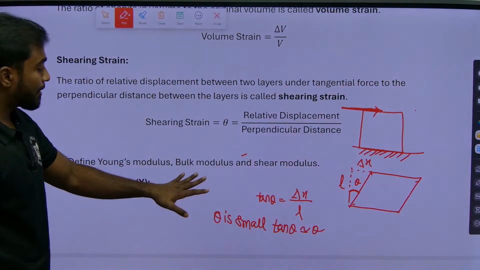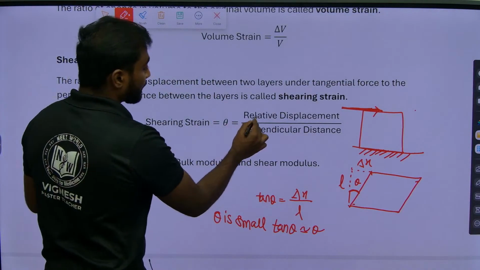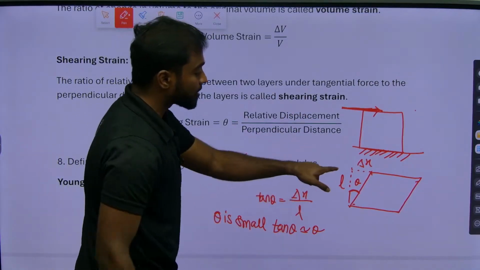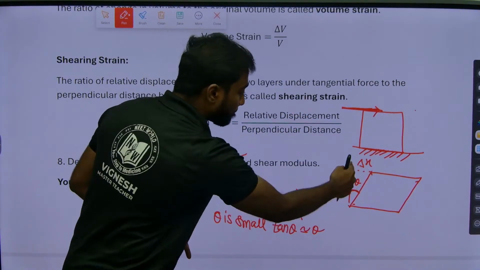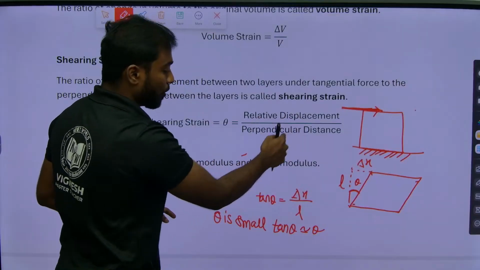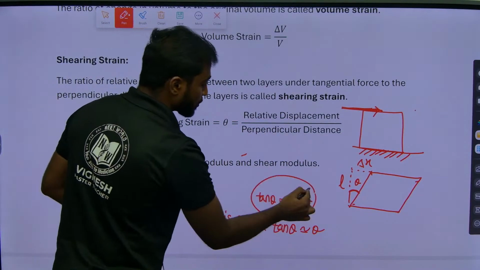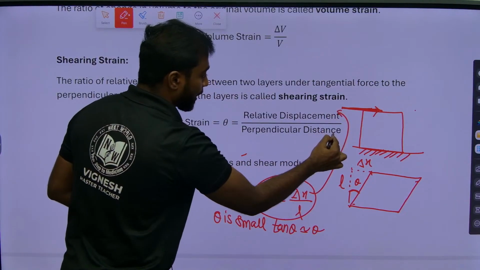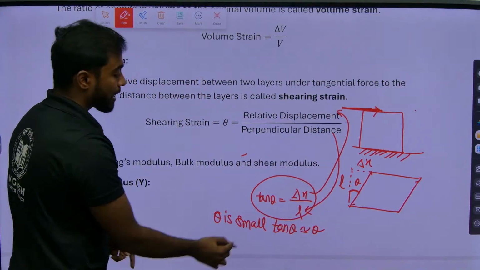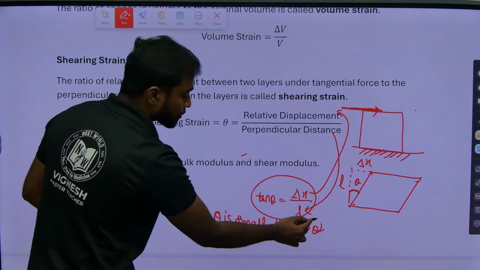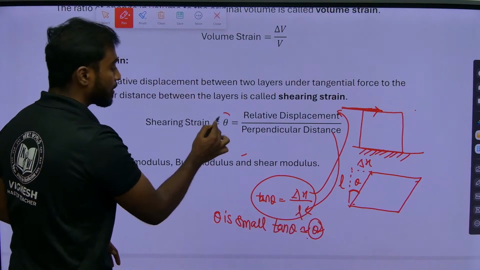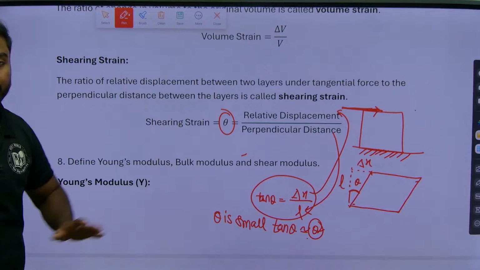So can I say directly it is relative displacement by perpendicular distance, which will be nothing but theta. This is my relative displacement and this is my perpendicular distance, and since tan theta is very small, I can mention that as theta only. So shearing strain is theta.